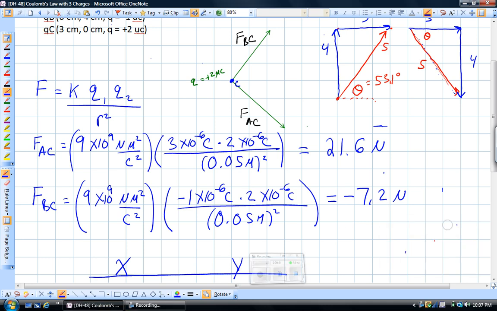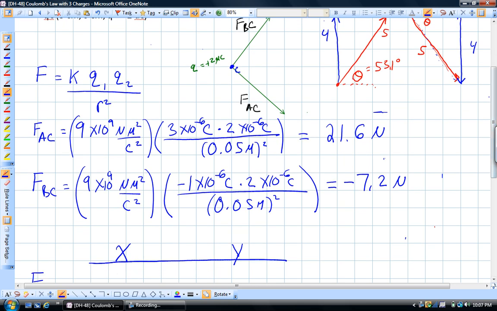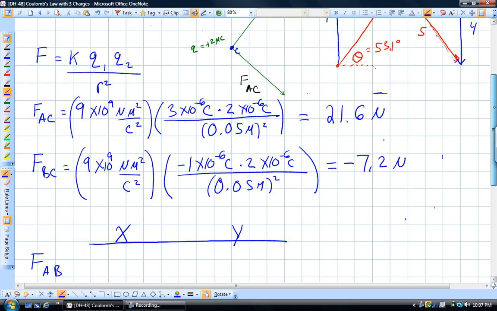Sorry, I just misspoke a second ago. The force between BC is going to have a positive x and a positive y, and the force between A and C is going to have a negative y and a positive x. So let's go ahead and write those in.